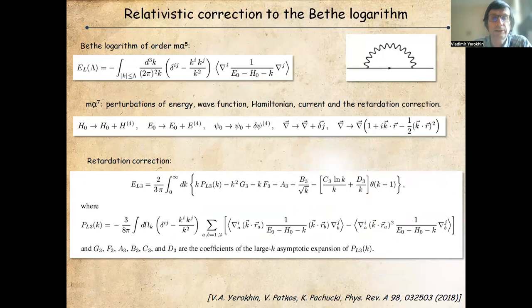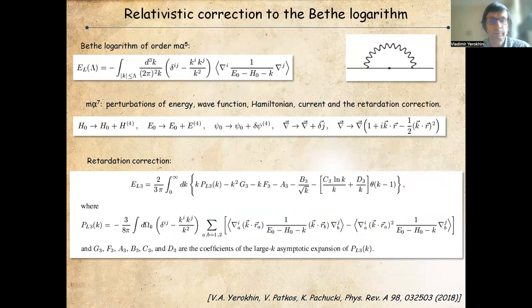In fact, there is not much numerical integration here. This integral is separated in two parts: low energy part and high energy part.